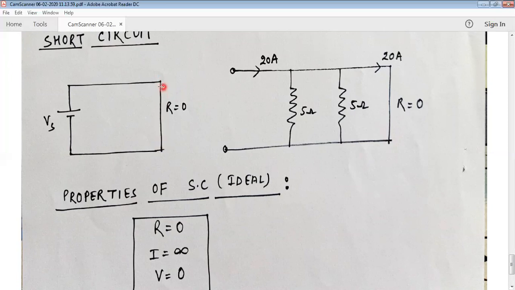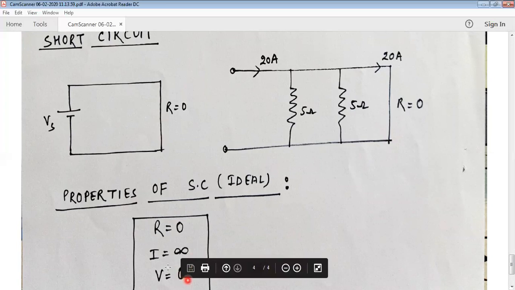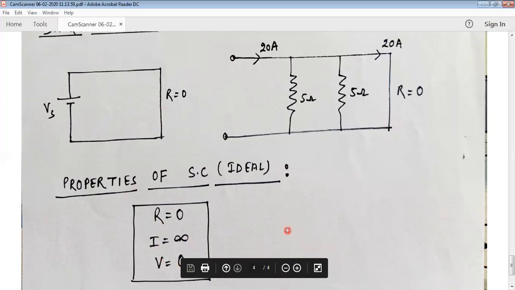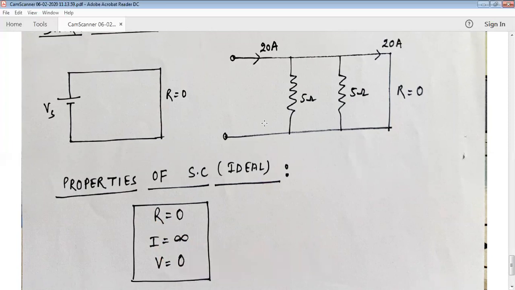So potential difference between this point and this point: if here potential is V1, here also potential is V1. So potential difference will be 0 ideally. Practically R will be minimum, current will be maximum, and potential difference will be minimum. These are the properties of the short circuit condition.